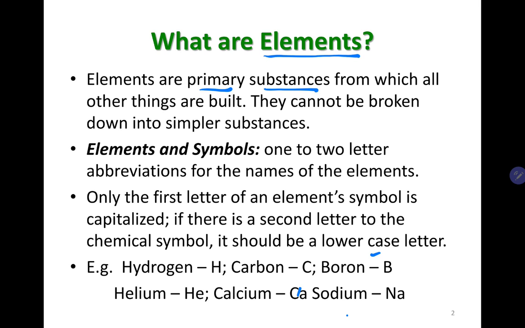So basically the things that you could see, feel, touch, smell, all of these substances are primarily made up of these units called elements. And the most important thing about elements is that they cannot be broken down into simpler substances.